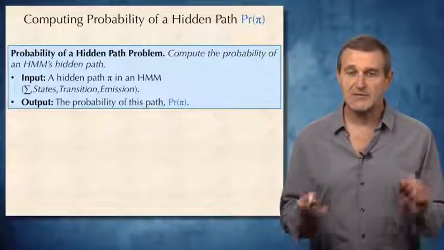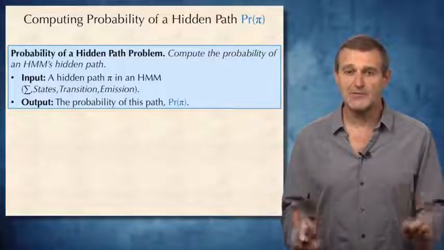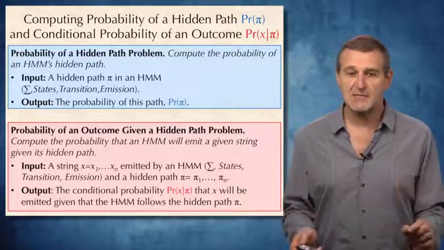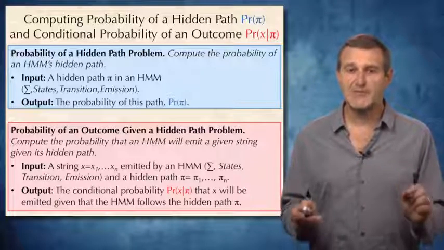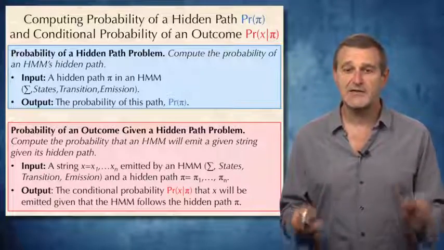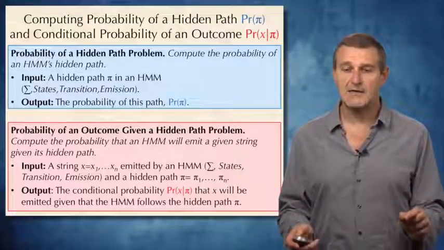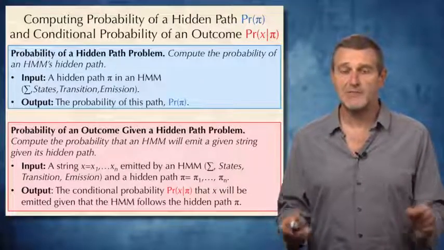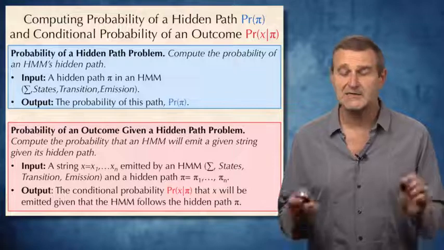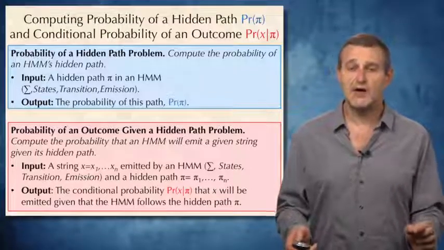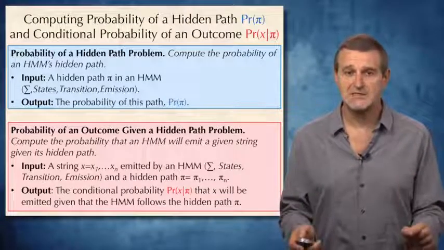The first problem is how to compute the probability of pi, and the second problem is how to compute the probability of an emitted string given a hidden path, and this is the problem of computing the probability of x given pi. And we know now how to solve both these problems.